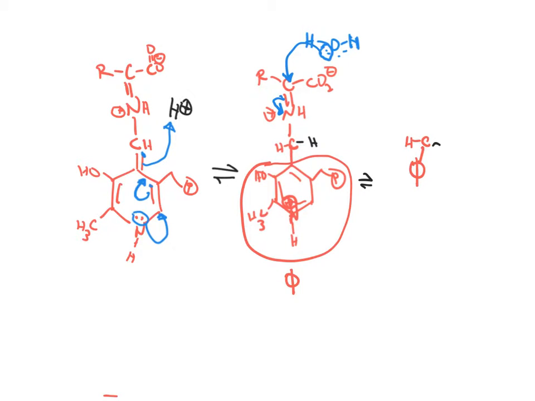I'm trying to keep the color scheme the same. We have the nitrogen, hydrogen, pair of electrons. Only one bond now between the carbon. Oops, that's supposed to be a CO2. What's the R group? And the water.